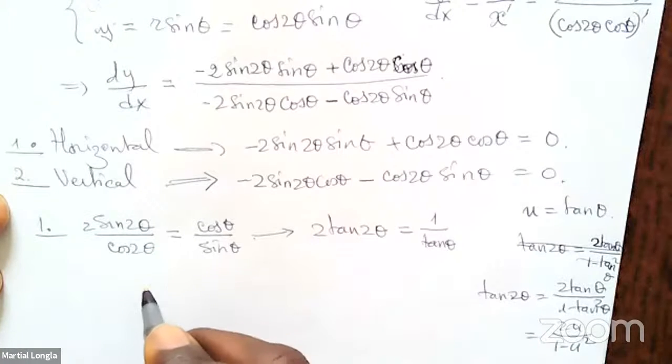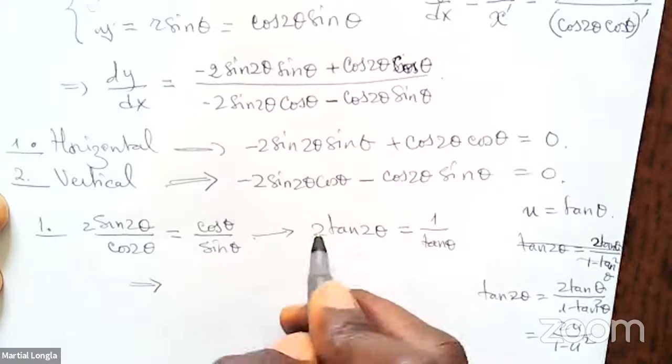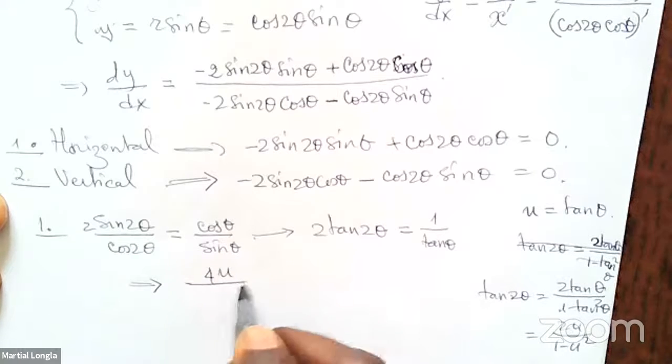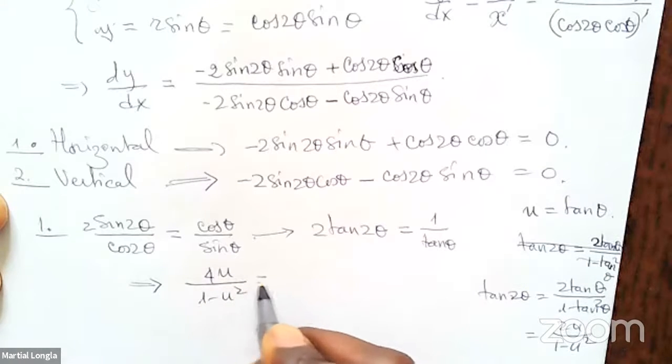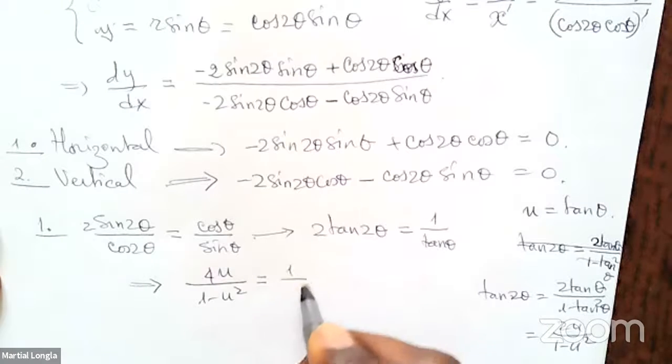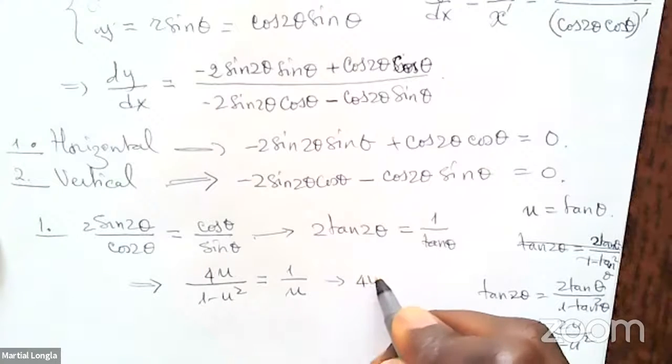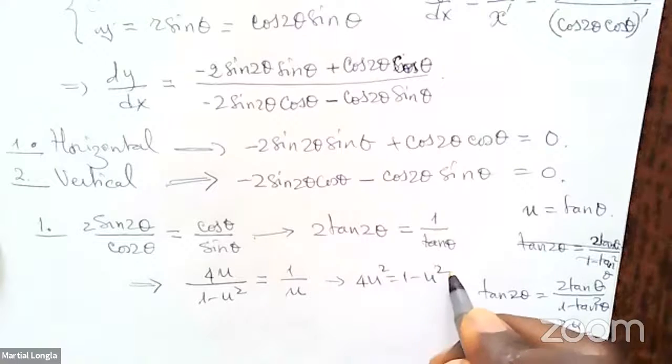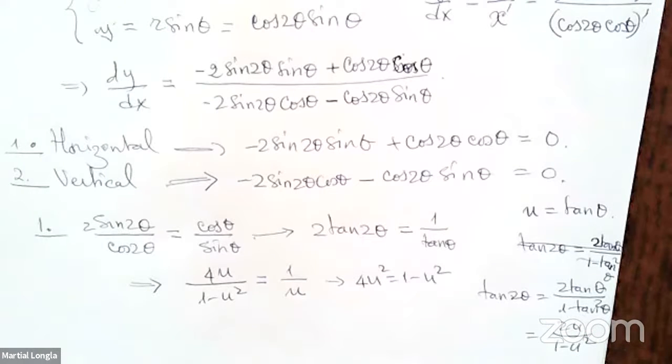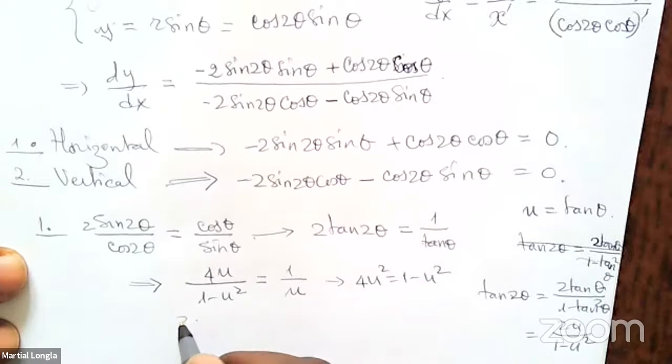And so here, that's 2 times 2u, that's 4u over 1 minus u squared equals 1 over u. So you get 4u squared equals 1 minus u squared. Are we good? All right, so you can do that. You get 3u squared equals 1.